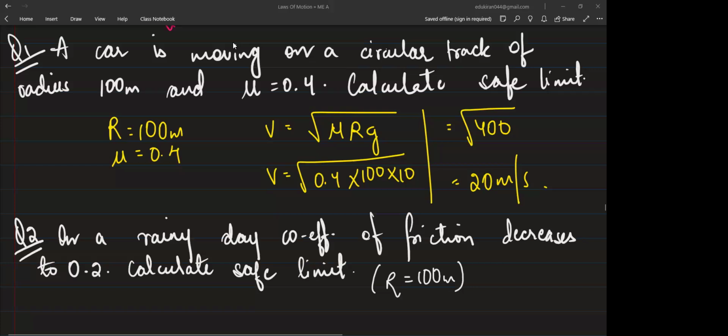Now am I audible, Alina? Yes, ma'am. Okay, share your answer with me. Ma'am, is it root 2 meter per second?